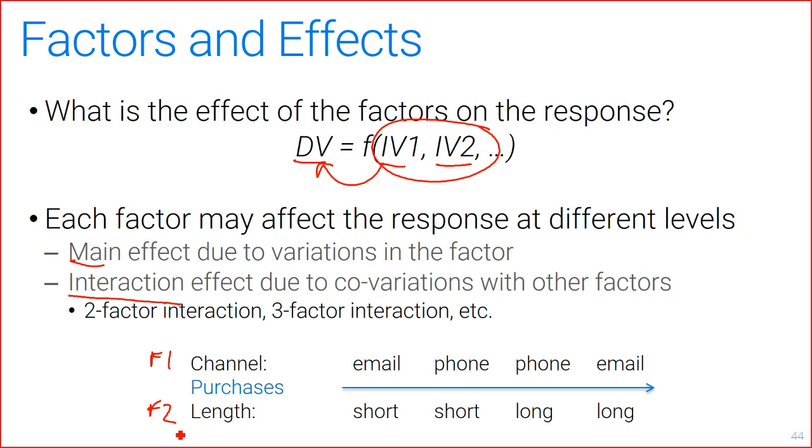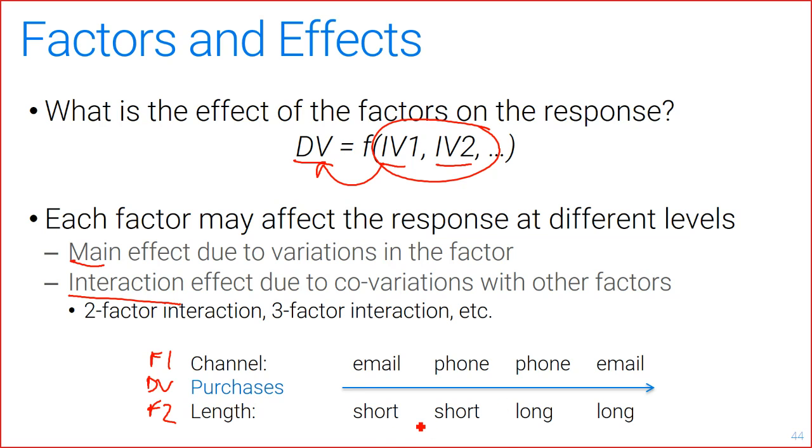And then my response, my dependent variable, is the purchases. So the main effect of the channel would be the difference in the response between email and phone. The main effect of the length would be the difference in purchases between short and long messages. That's what we call the main effect: the difference in the response across the levels of the factor.